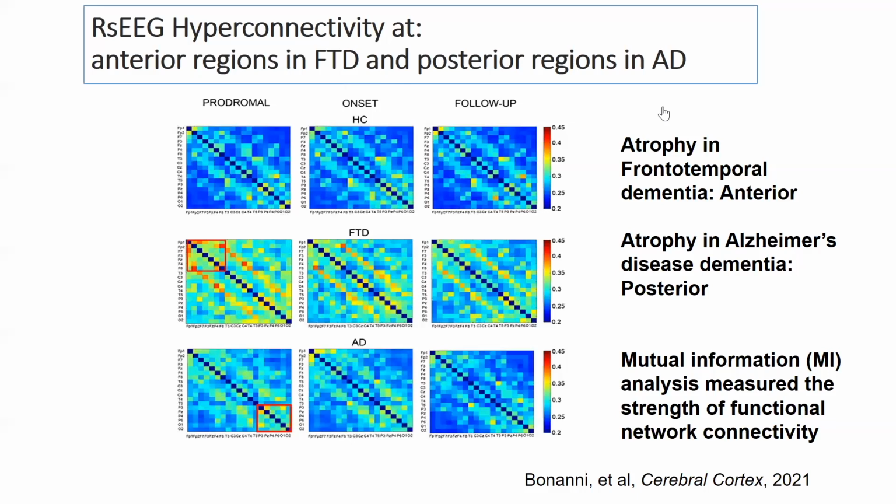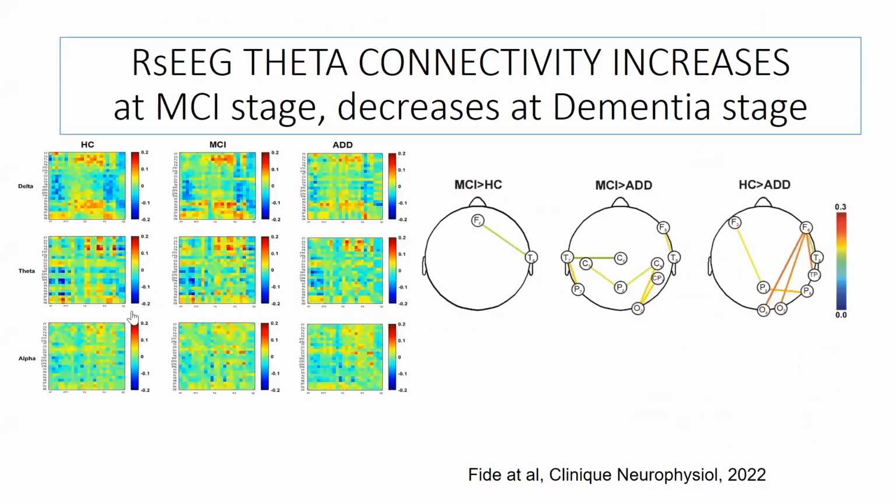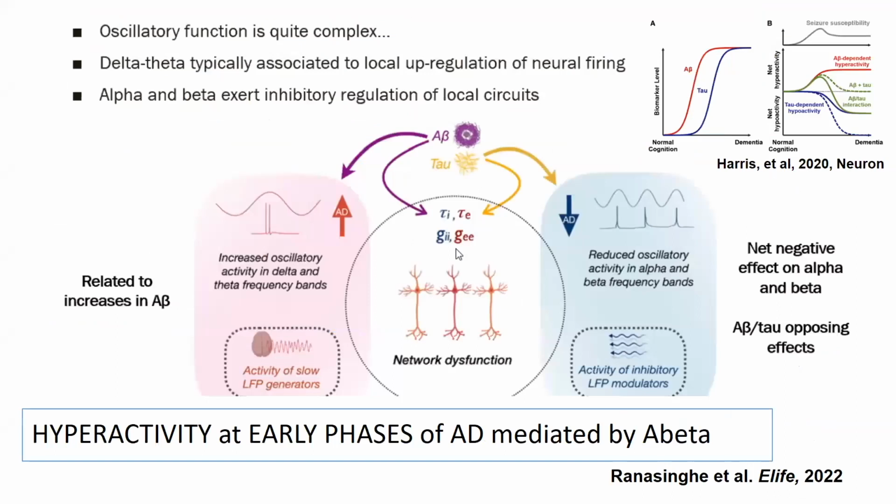And our group showed last year that resting state EEG theta connectivity increases at the MCI stage and decreases at the dementia stage. And this is another very nice paper showing the underlying mechanisms related to oscillatory activity in delta and theta frequency bands, which is related to increases in amyloid beta at the earliest phases.